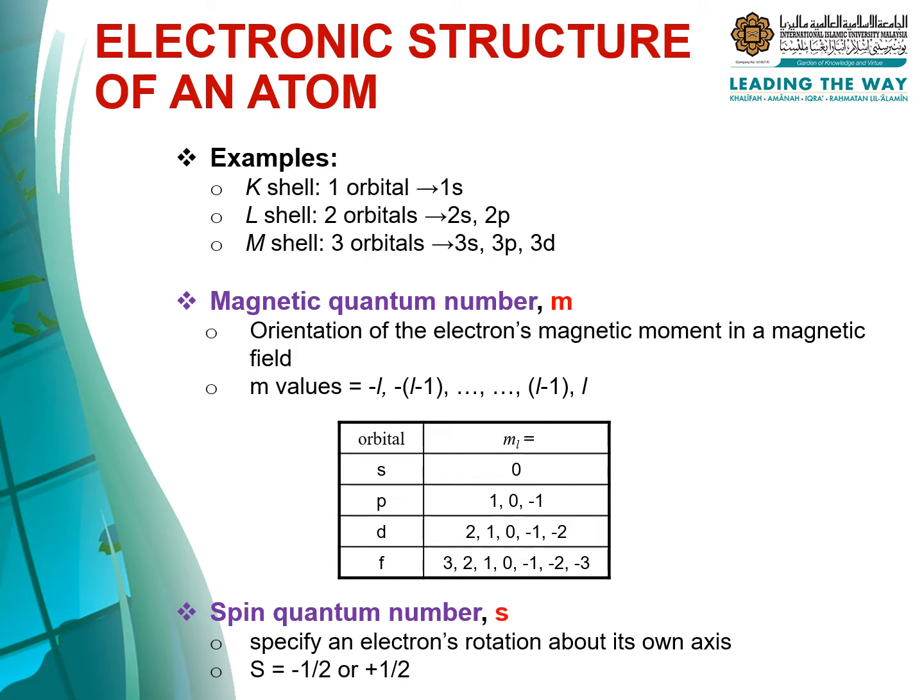So the values should be 0 for s; 1, 0, minus 1 for p; 2, 1, 0, minus 1, minus 2 for d; and so on. The spin quantum number, or s, specifies an electron's rotation about its own axis. The spin should be negative or positive.